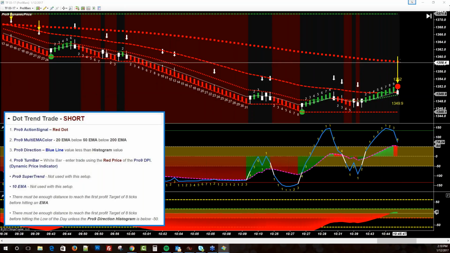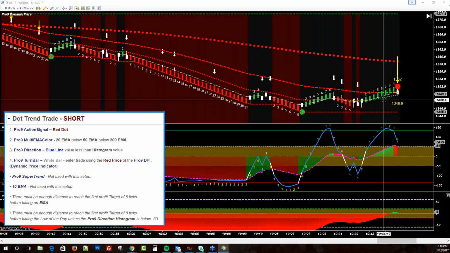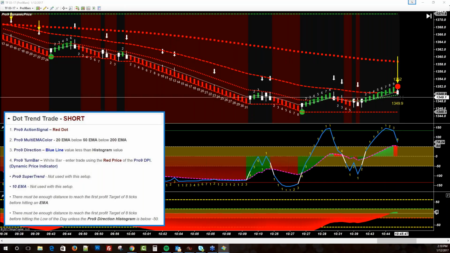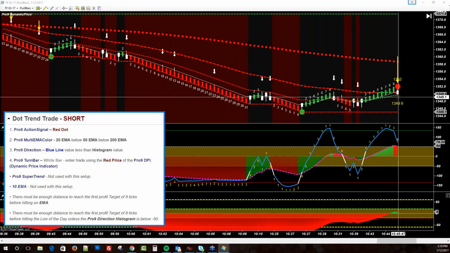And as long as those remain in order, that rule will be qualified. It doesn't matter where the 10 is. If the 10 stays in the correct order, that's fine. That's extremely rare, so you often won't see that. The 10 will dip up and usually bounce off the 20 or the 50. But it's just important that our 20, 50, and 200 EMAs are in the correct order.